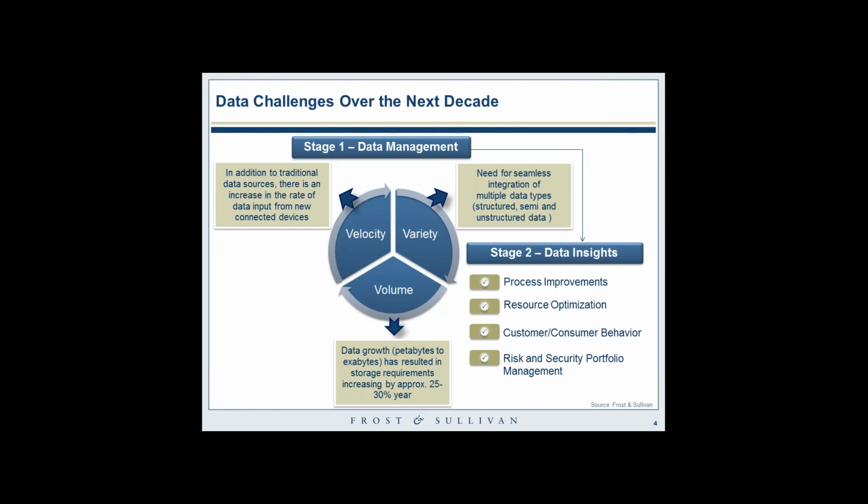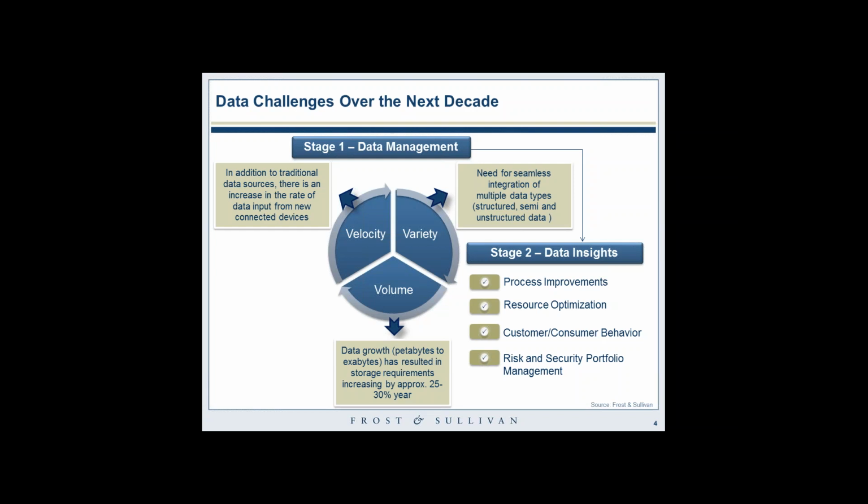Data sources could include application data, such as customer data stored in the CRM platform, transactional data, that is information exchange within the enterprise and across multiple systems, network data that is obtained from communication service providers and mobile network operators, machine data that can be procured from intelligent sensors on the equipment itself, and more recently we have web and social media data. And finally, with respect to data velocity, the speed of data input owing to these new connected devices requires a platform that can process the data in an efficient fashion.